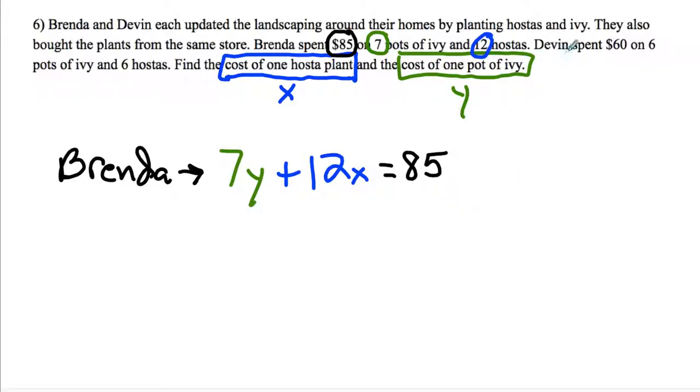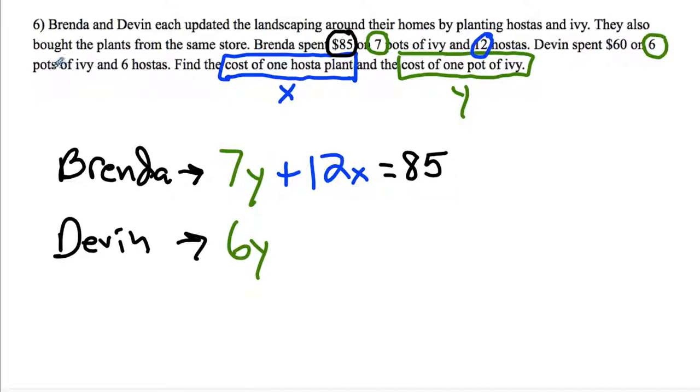Now what about Devin? We're going to write a system for what he did. Devin spent $60 on 6 pots of ivy. My pots of ivy are y, so I'm going to do 6y.